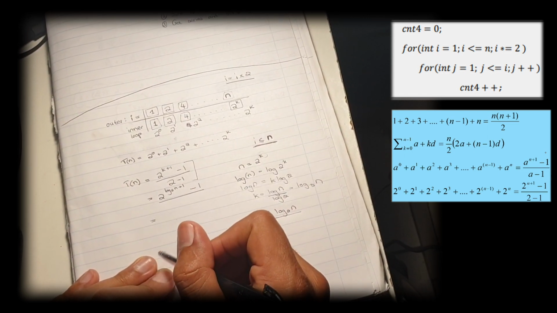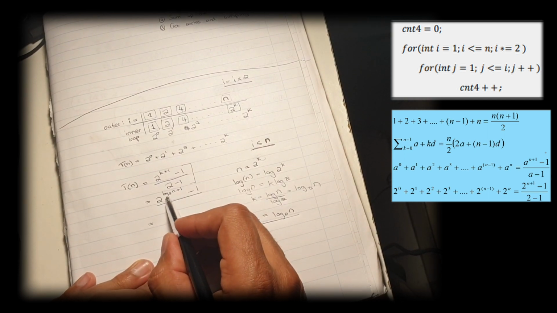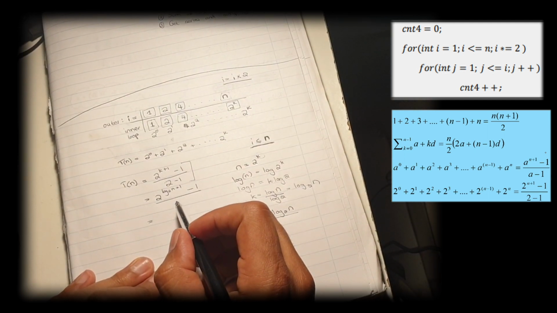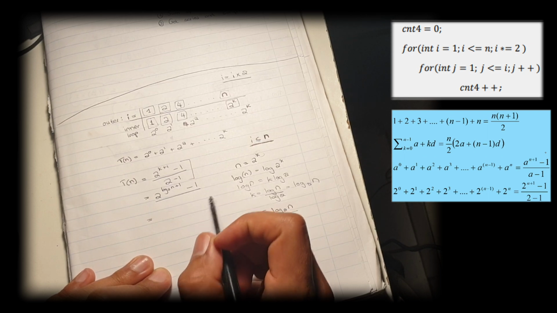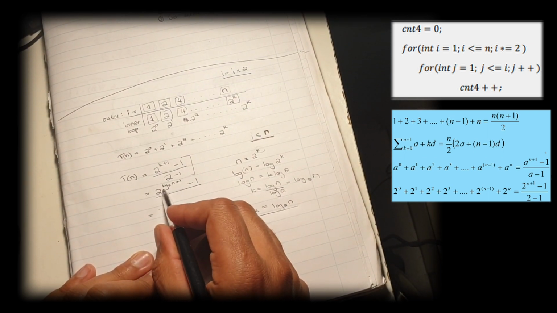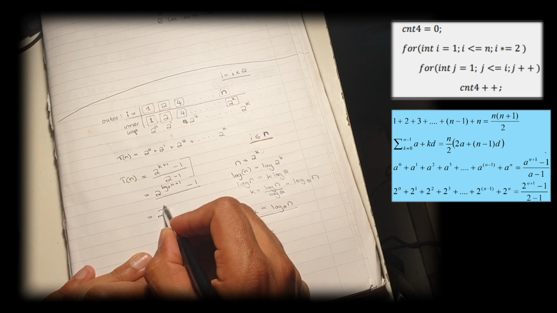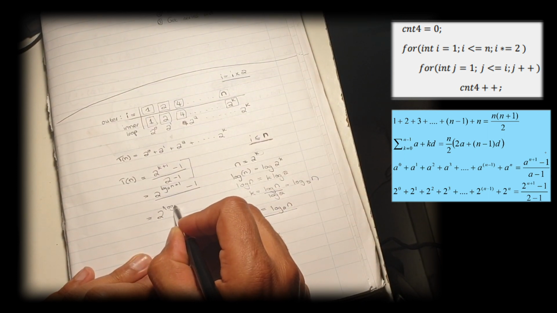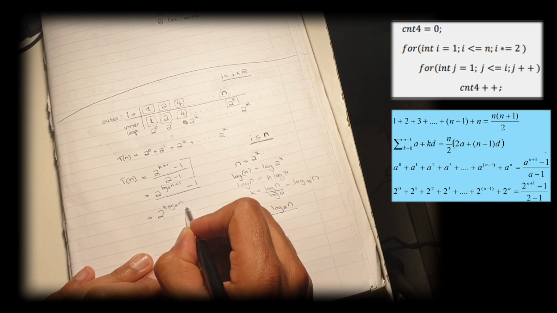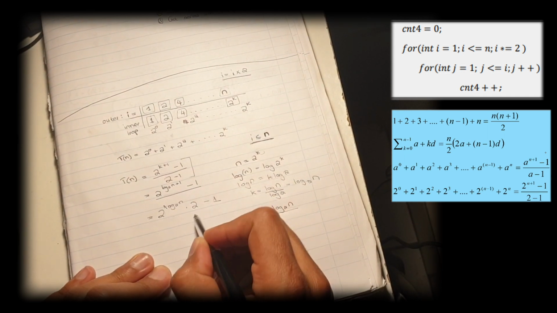Remember your exponent rules: 2 to the power of n plus 1 is the same as 2 to the power of n times 2. We're going to do the same thing here, but in this case using log base 2 of n. So we're going to have 2 to the power of log base 2 of n, times 2, minus 1, right?